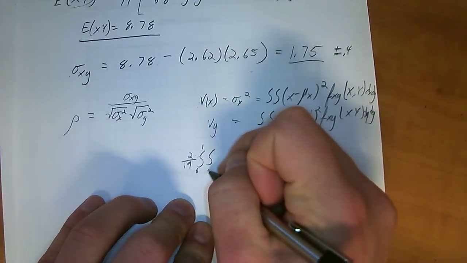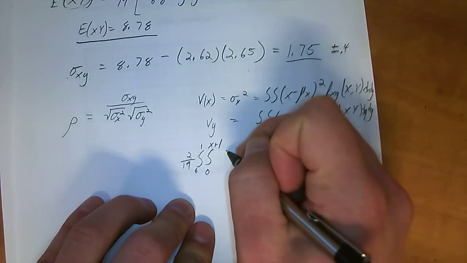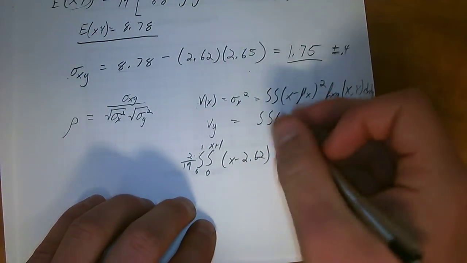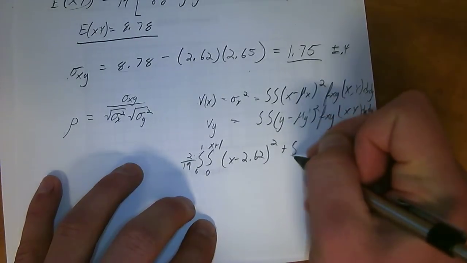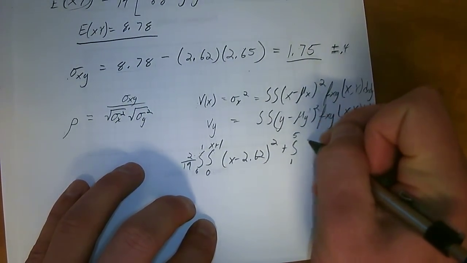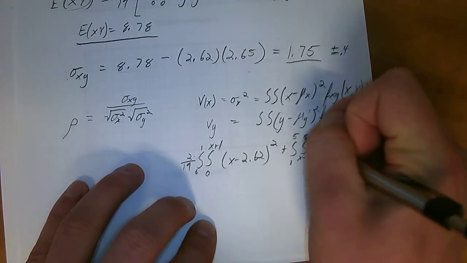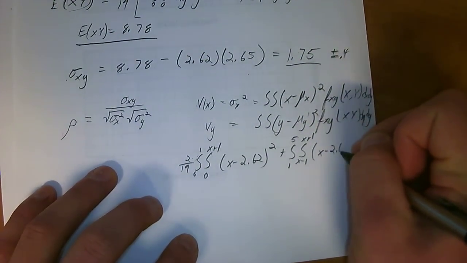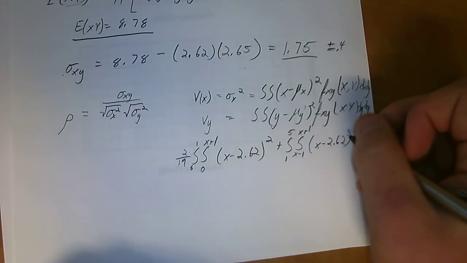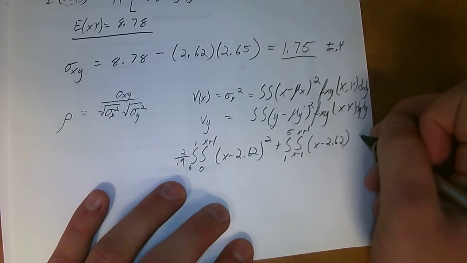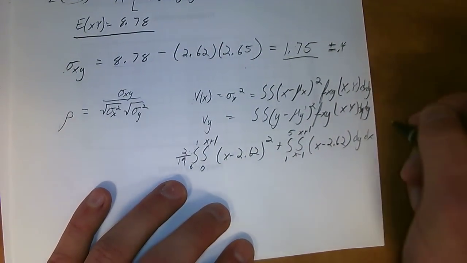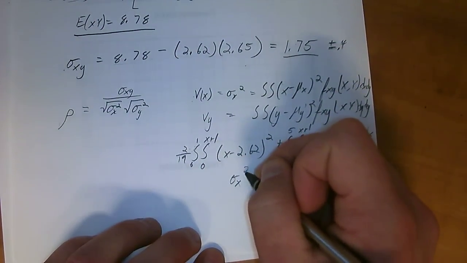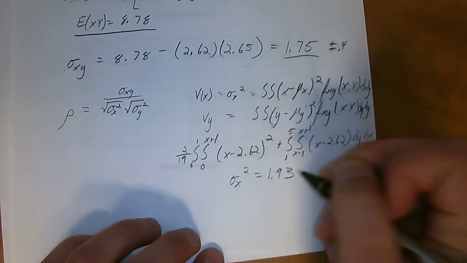The integral from 0 to x plus 1 of x minus 2.62, mu of x, squared plus the integral from 1 to 5 and the integral from x minus 1 to x plus 1 of x minus 2.62, dy dx. If you solve that out, you should end up with sigma x squared equal to 1.93.